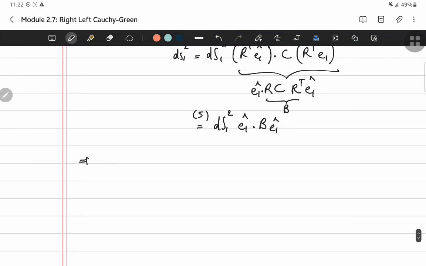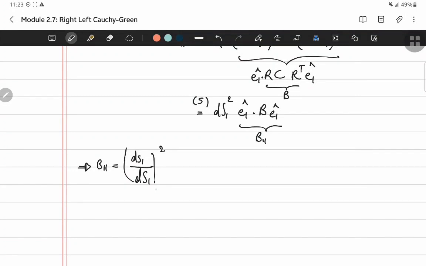So therefore this is nothing but B11. So I can write B11 is equal to ds1 squared divided by d capital S1 squared.